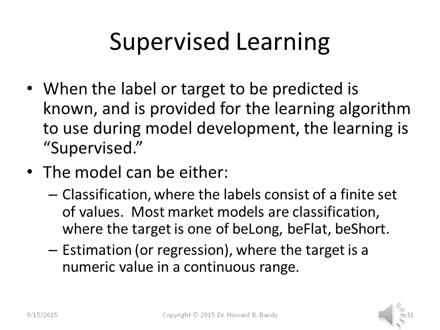Estimation or regression is where the target is a numeric value in a continuous range. Supervised means that we know the target in advance and we provide that to the learning algorithm for use during model development.